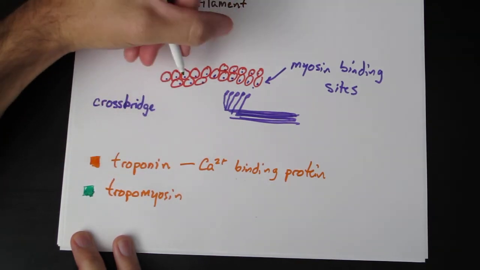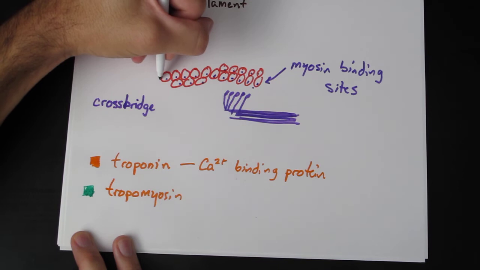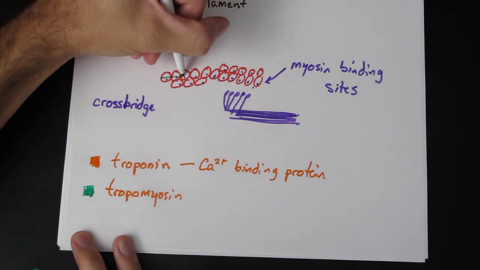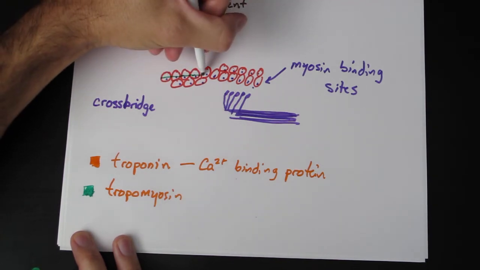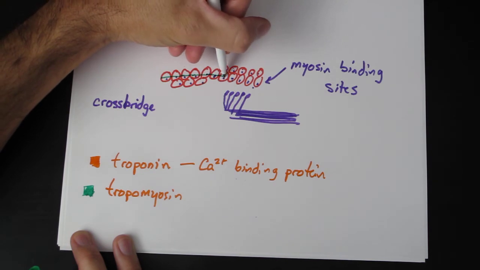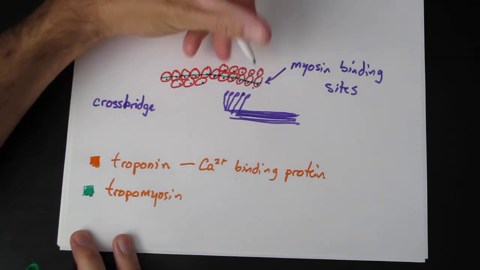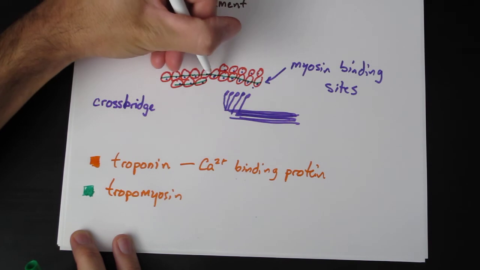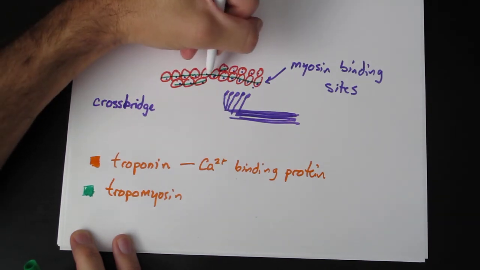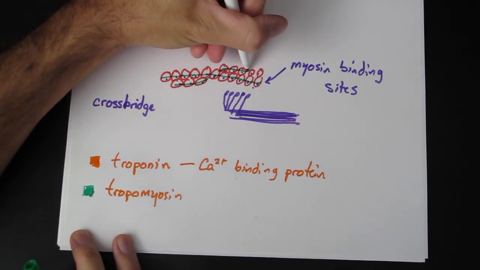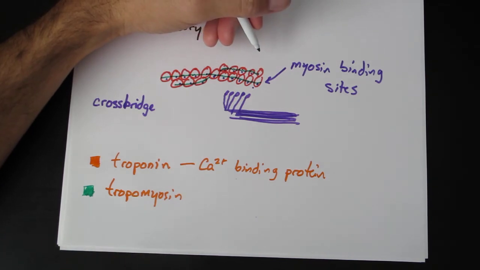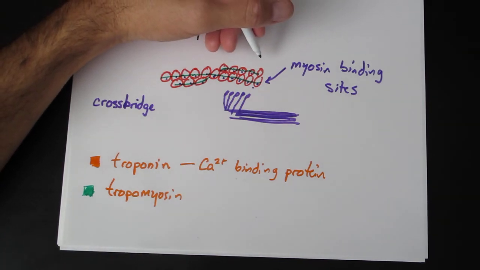What tropomyosin does is it winds around this thin filament, kind of like this. And as it winds around this thin filament, it interferes with those myosin binding sites. In other words, it blocks those myosin binding sites.